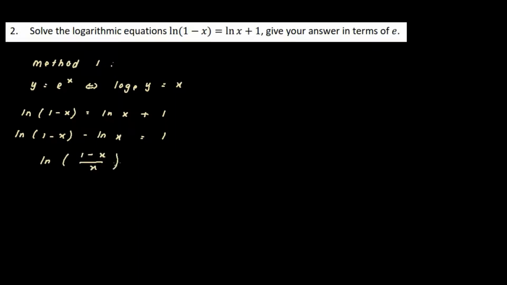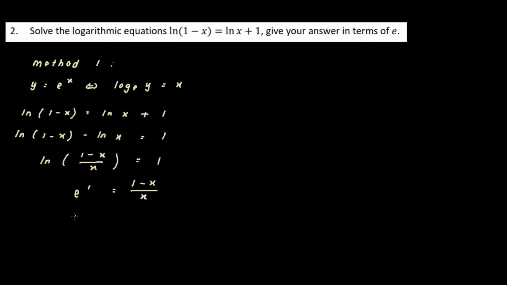It's the same principle as what you have done using log. So ln of (1 minus x over x) equals 1. Now how can we change this form back into the indices or exponential form? The base is e, so e to the power of 1 equals 1 minus x over x.